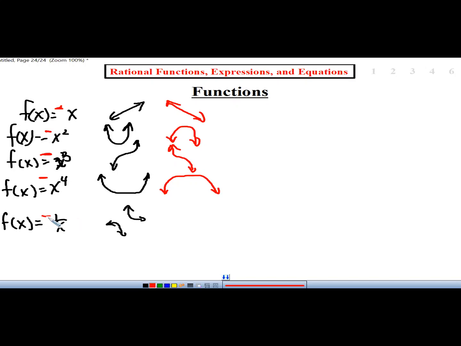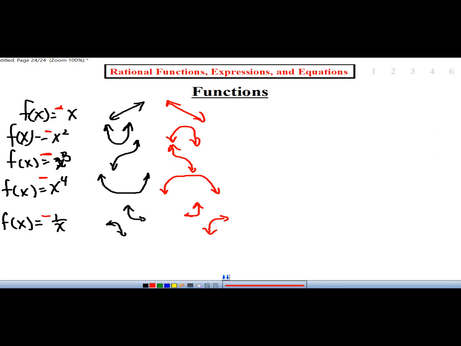If it reflects, imagine a mirror, this one is going to be over here, and this one reflects and is going to be down here. You guys see it? Yes. All right, good. Especially you guys that enjoy the graphing, right?